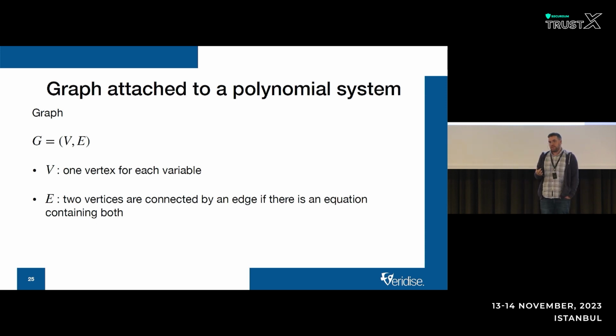So what we did was attach a graph to the given system of constraints, which keeps track of which of the variables are related directly with each other. Basically, we have a graph where each vertex corresponds to a variable, and I connect two vertices if the two variables appear together in an equation.